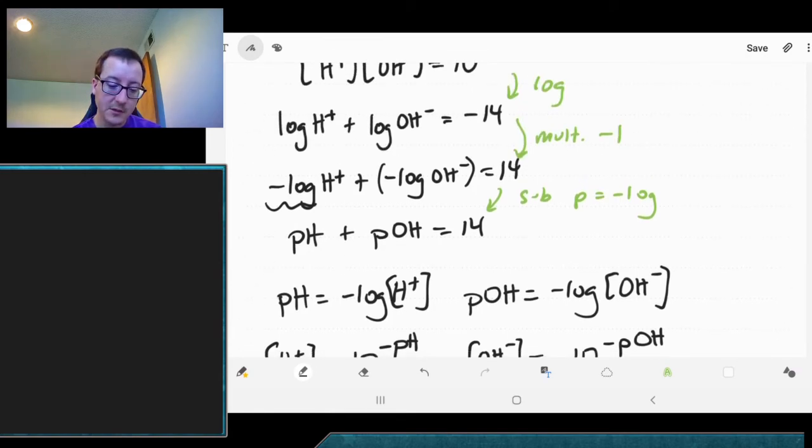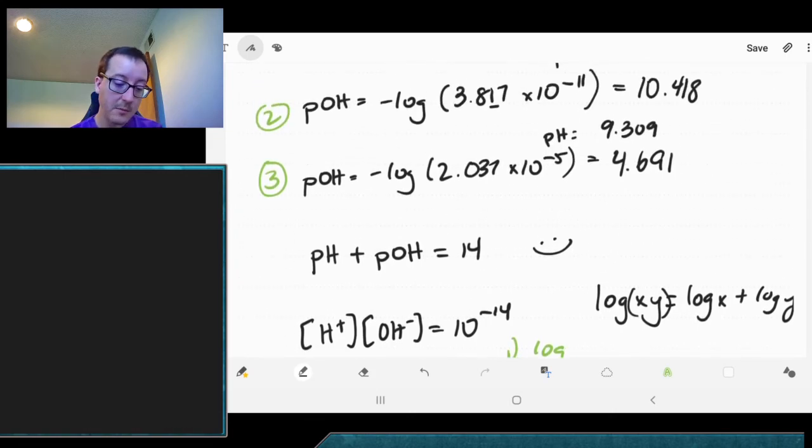Let's see if I'm lying to you, which I might be because of slight rounding errors, but let's do it. If you find your log button, oftentimes the shift or second log button will be 10 to the x, because it's the opposite of logarithms. So I'm going to press 10 to the x, and I'm going to put my negative pOH in.